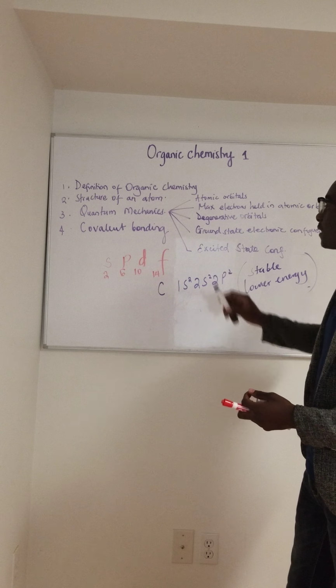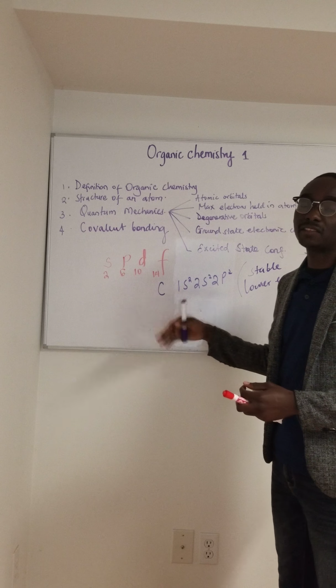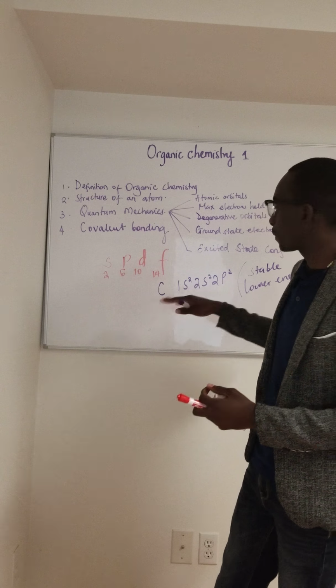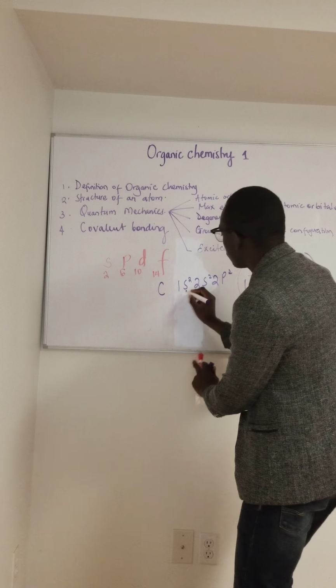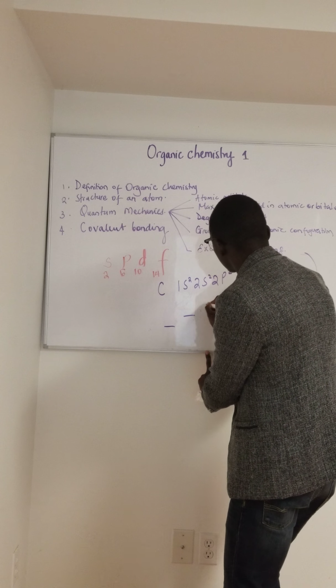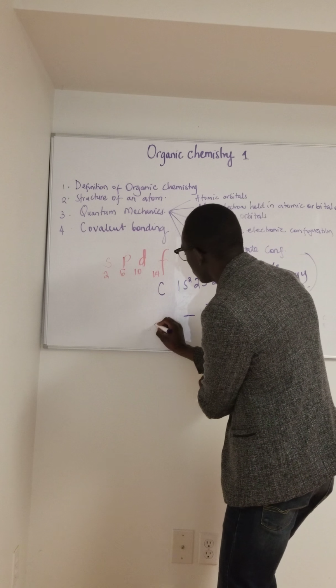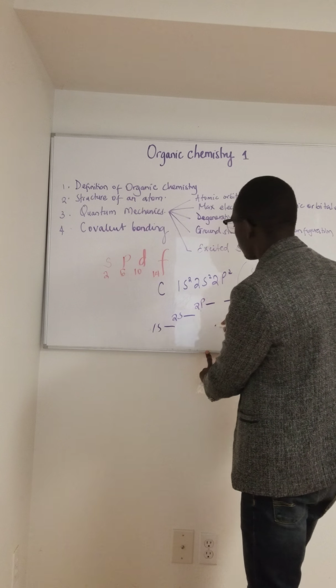But in an excited state is when one of these electrons from the low energy gets excited or moves from the low energy level to higher energy levels. Like for example, if this is 1s, then 2s, and then this is 2p.